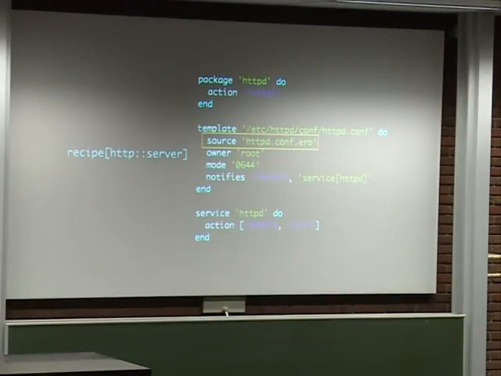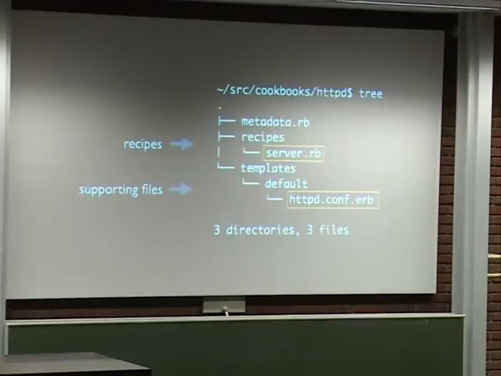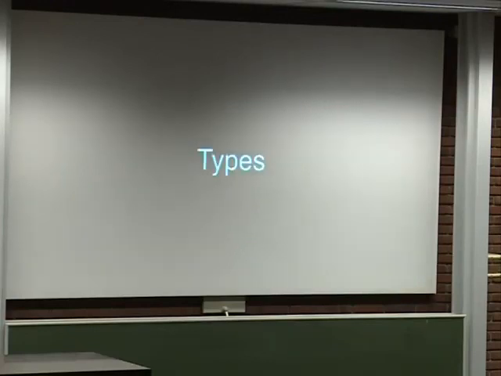Well, I need to put that somewhere. So I now have a cookbook. So the policy, the recipes, the autonomous agents, and then everything that they need to function properly. So templates, custom types, and all sorts of things get shipped in cookbooks around to everything. Okay. Recipes and supporting files.